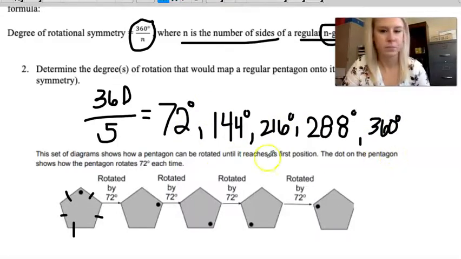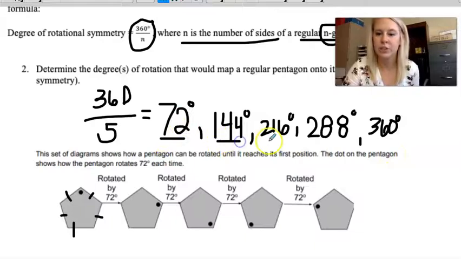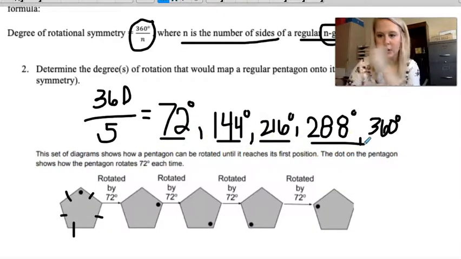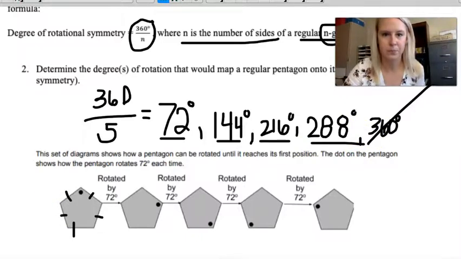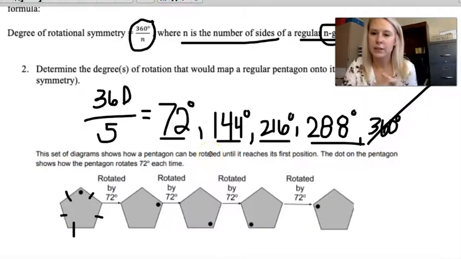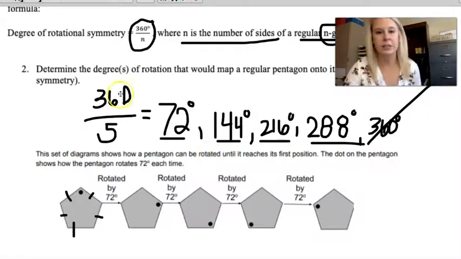All right, so these are the degrees of rotation that will rotate the object onto itself. 360, we kind of know, of course, it's going to rotate it all the way back to itself. All right, so that is how you find rotational symmetry: 360 divided by the number of sides, and that is it.